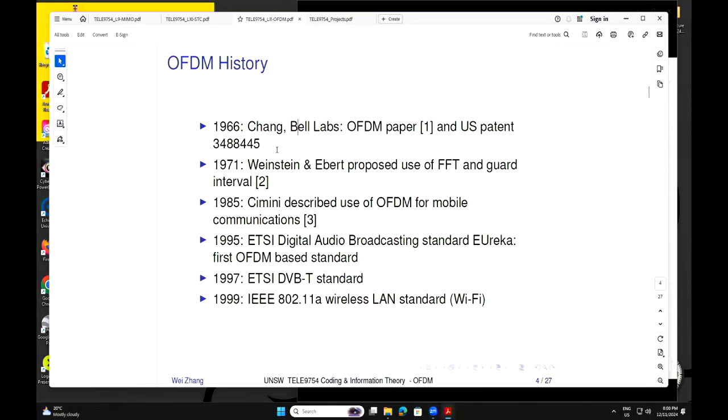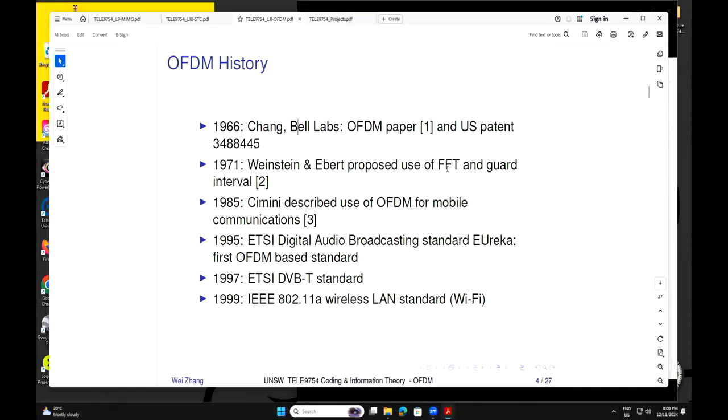And later, 5 years later, the FFT was invented. You know the DFT, right? The discrete Fourier transform. But in order to implement the DFT, they later invented the FFT, the fast Fourier transform. They called it the butterfly algorithm, which makes it very fast to compute the DFT.